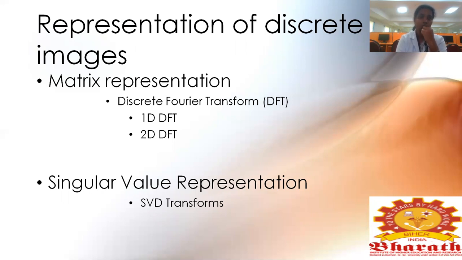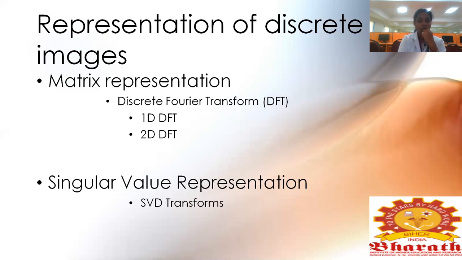So you make use of the discrete Fourier transform, and it has two different kinds: the one-dimensional discrete Fourier transform and the two-dimensional discrete Fourier transform. The second thing you have is the singular value representation, where you represent the image using only discrete values.